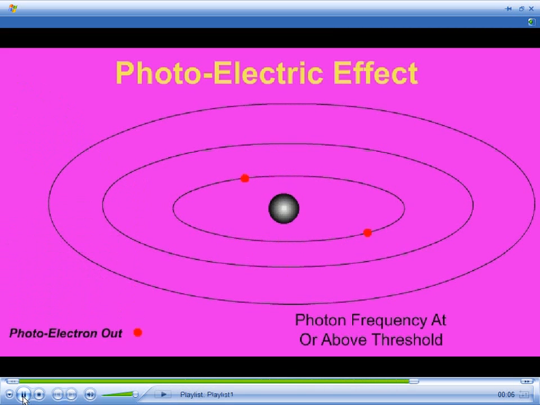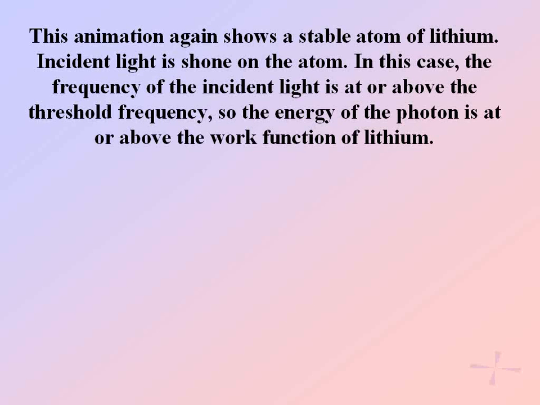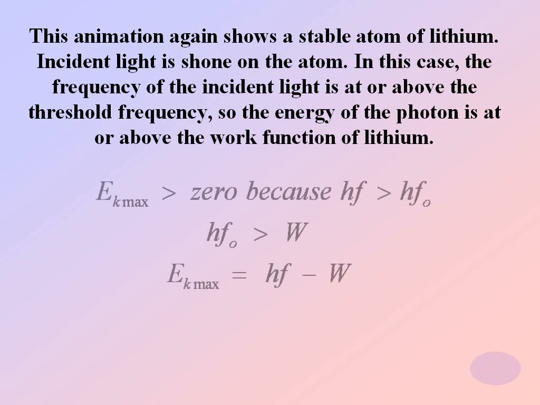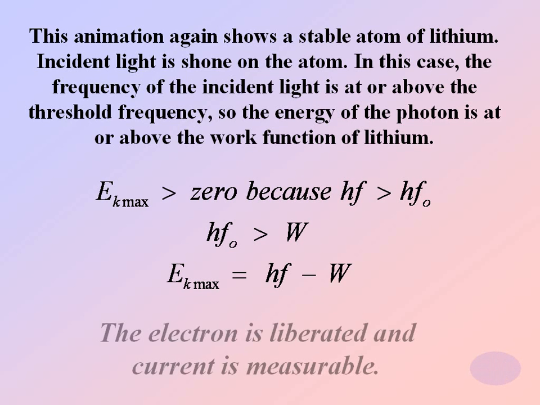As it comes into contact with the electron, the photon actually disappears because all of its energy is converted into energy of the photoelectron, which causes the photoelectron to have enough energy to leave the atom. That's where the photoelectric current comes from. In this case, EK max is greater than 0 because hf, the incoming photon, is greater than hf0, the required work function. So an electron is liberated and the current can be measured.